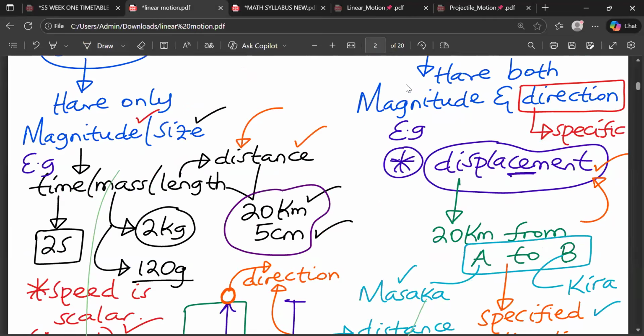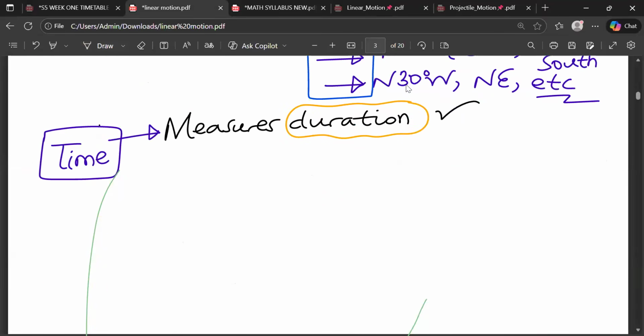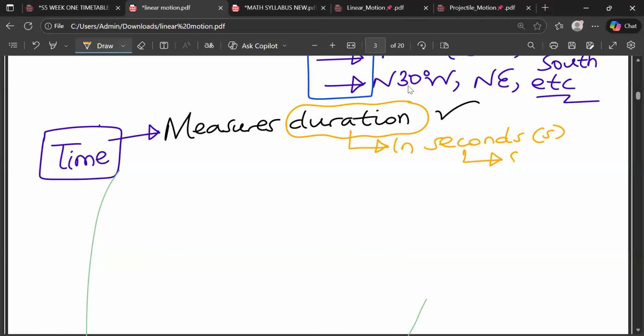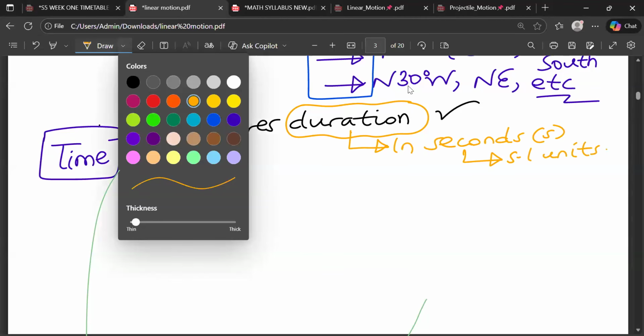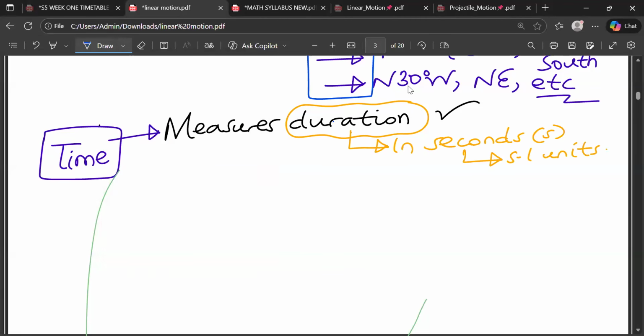Then for time, the duration is always in seconds in most of the cases. Remember, seconds is just a small s. So these seconds are the SI units. But you need to know they can provide things in minutes and so on and so forth.